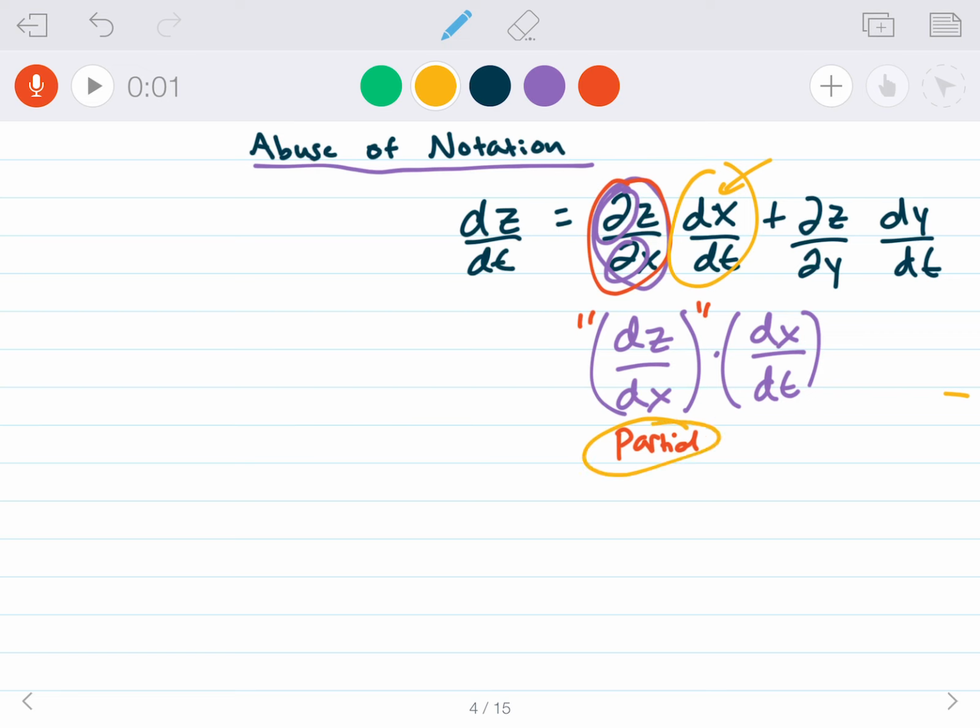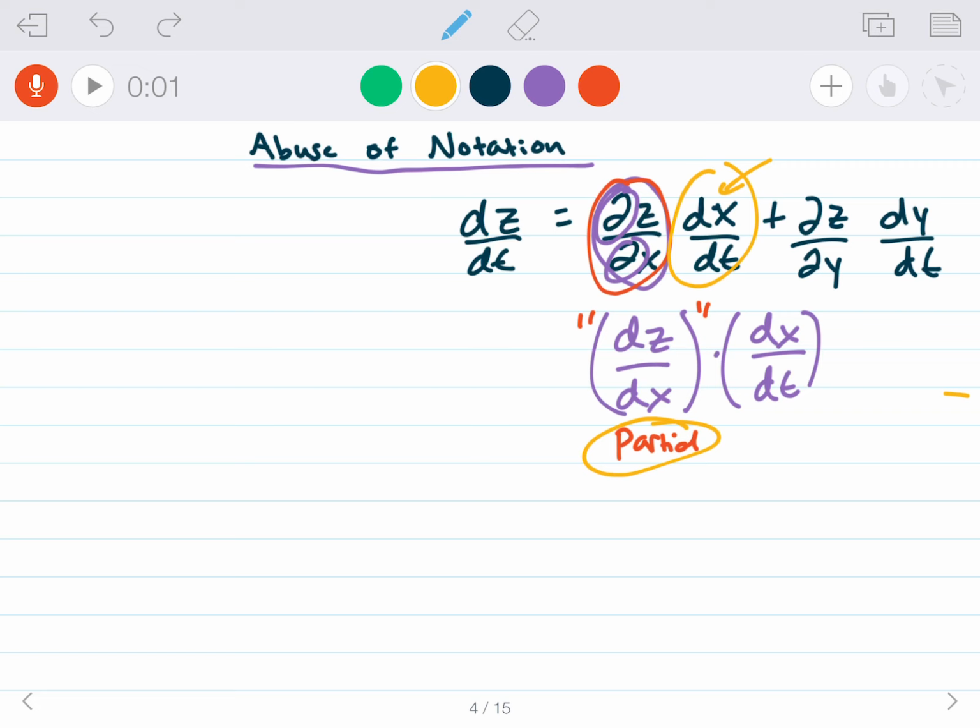But the reason I'm going to write the partial derivative like this, even though it's technically not correct, is that because we have a function of multiple variables, it doesn't really make sense to say what's the derivative of z with respect to x without indicating that there's more than one variable there.